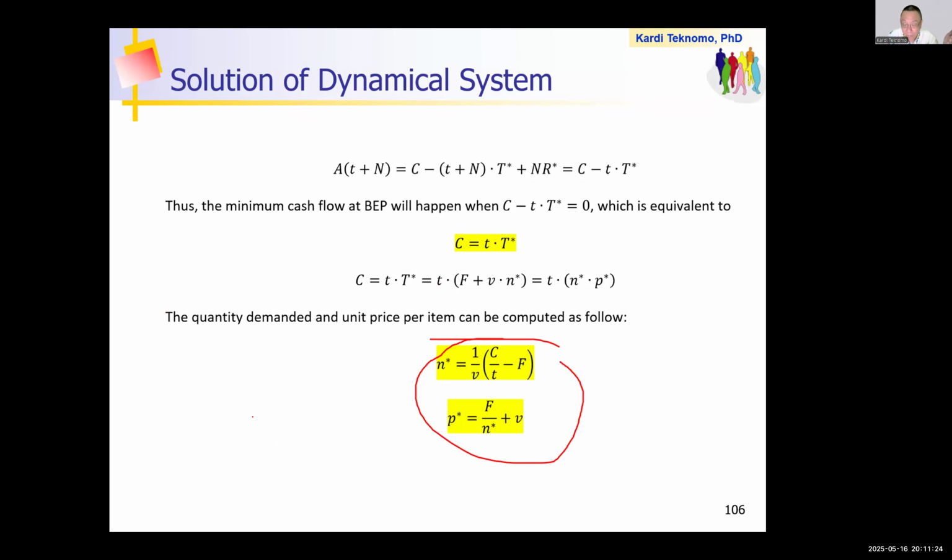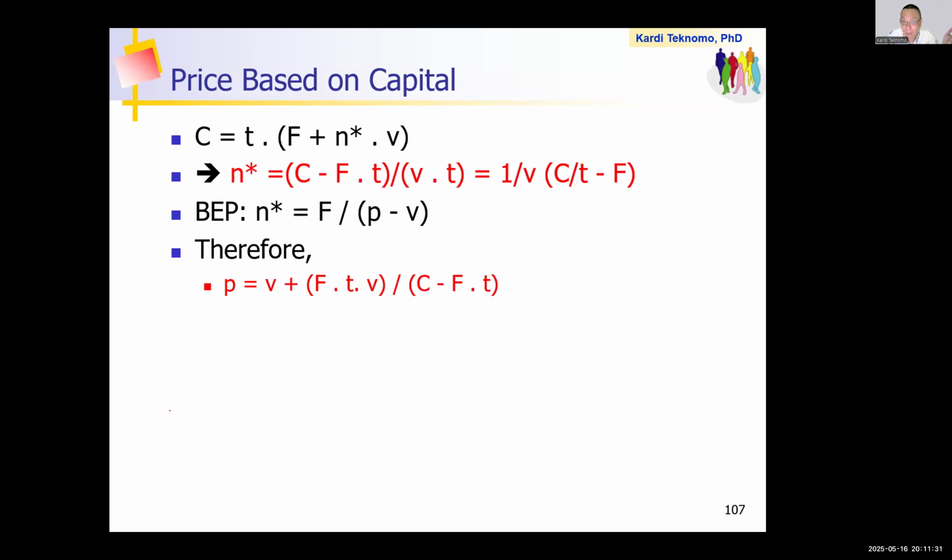So using this formula, you can get the price based on capital. If you know the capital, then you will know the price. And of course, there is time delay.